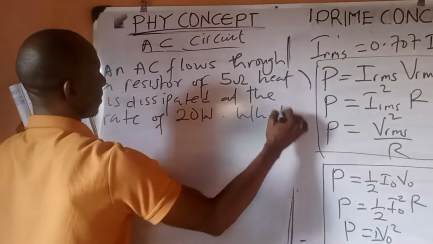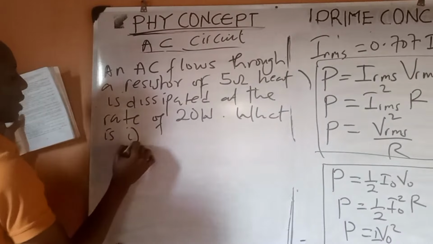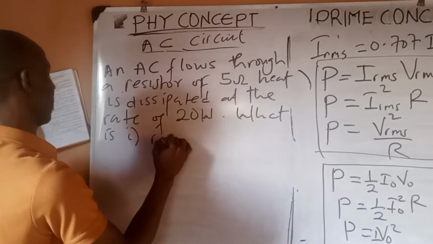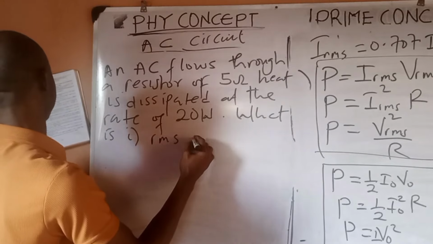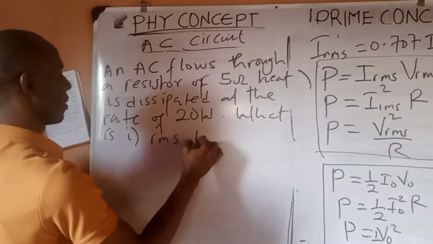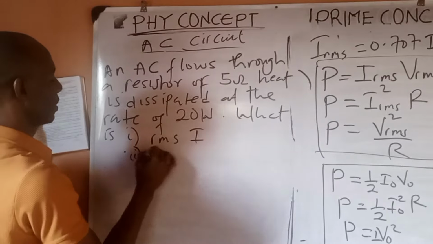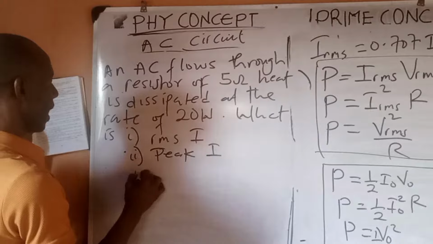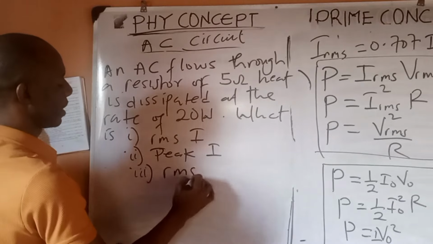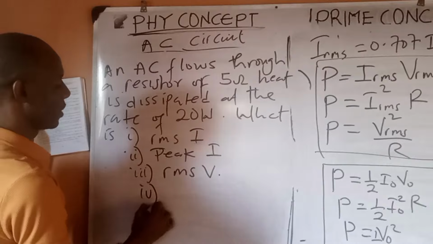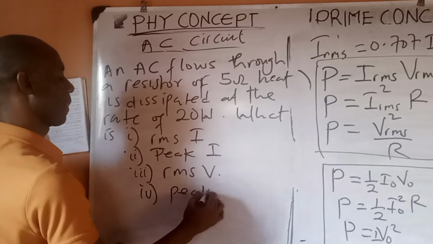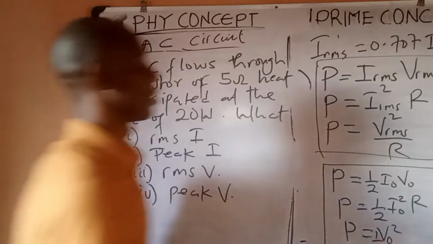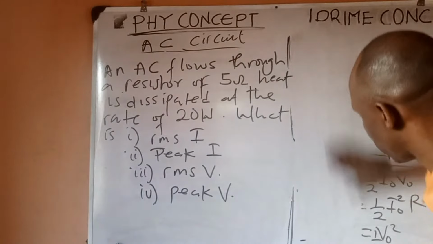What is, I, the RMS current, II, the peak current, III, the RMS voltage, IV, the peak voltage. So these 4 things I will solve quickly, and that will explain what we have said so far.